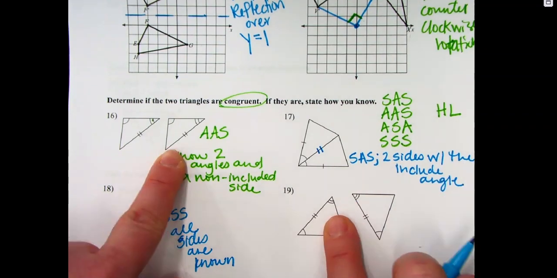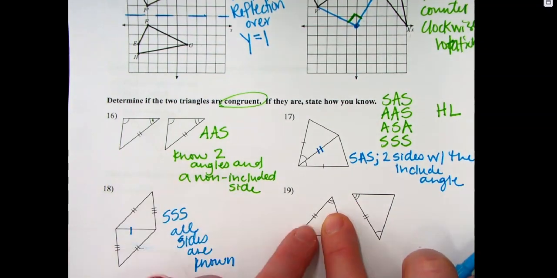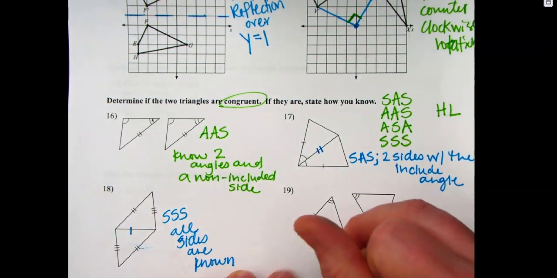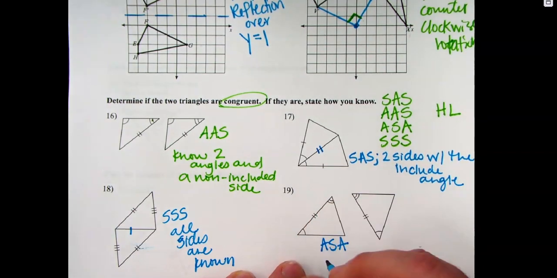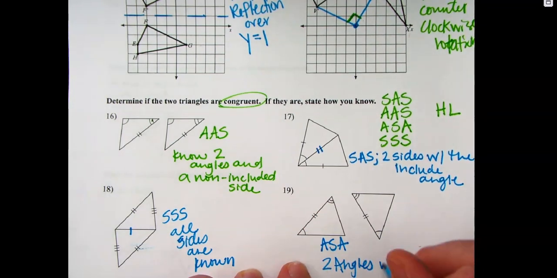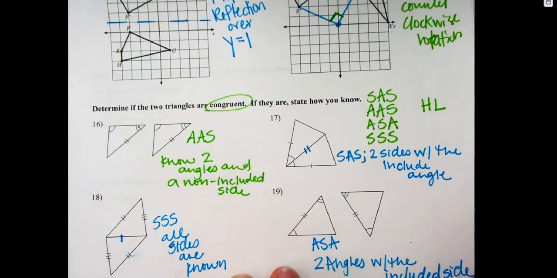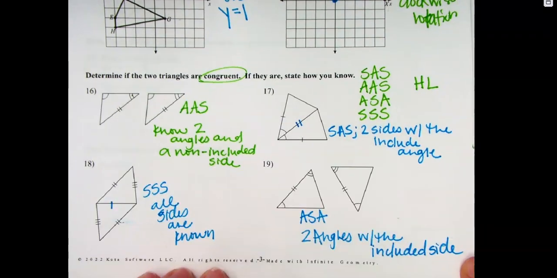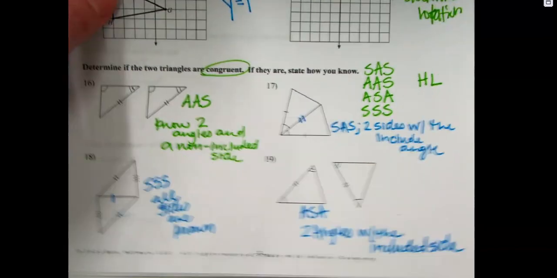So very similar to 16, but you have the included side. So this one's actually angle, side, angle. So 2 angles with the included side. So that justifies each of those and gives you your answers for those.